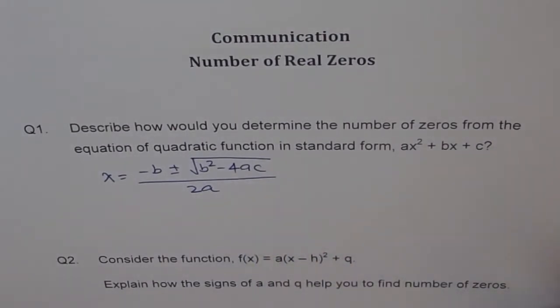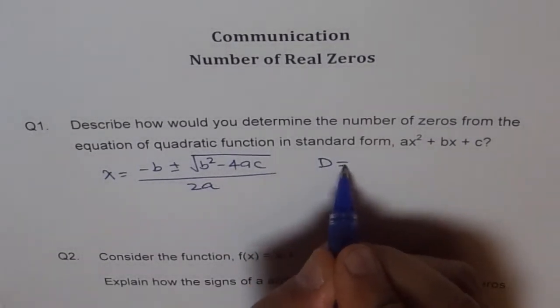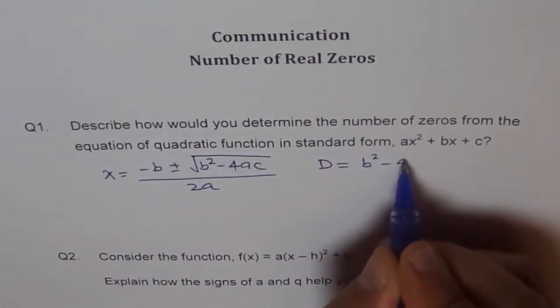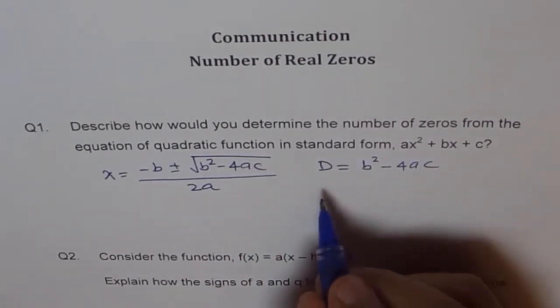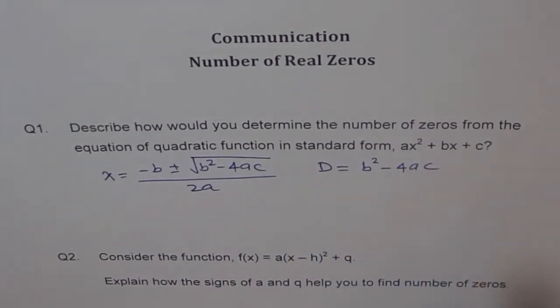It becomes an imaginary number, so not a real zero, correct? So that is the condition when we have no real solution, right? So let me write here in general what my D is, and D is b squared minus 4ac, right? So whenever I use the term D for discriminant, it will mean b squared minus 4ac, correct?